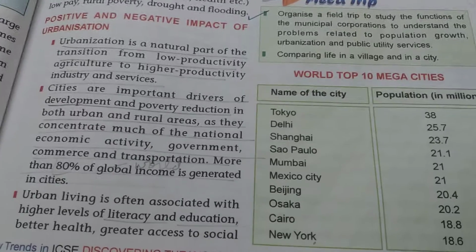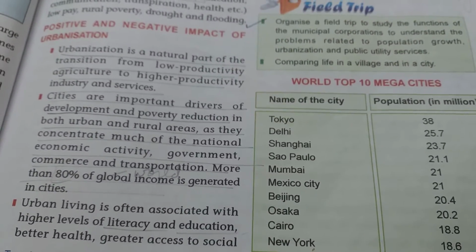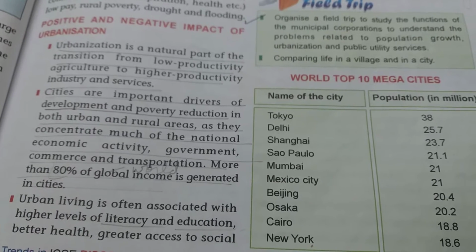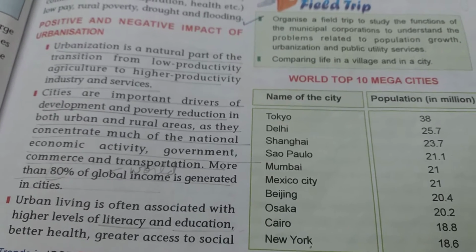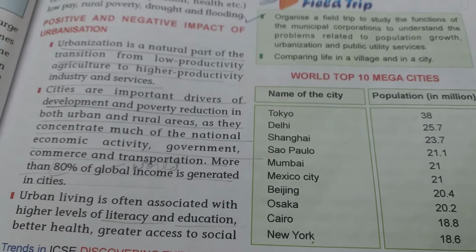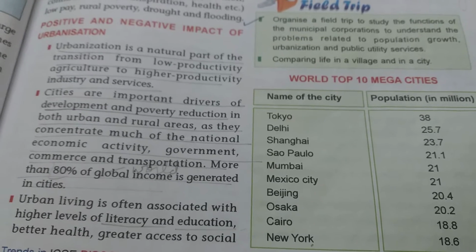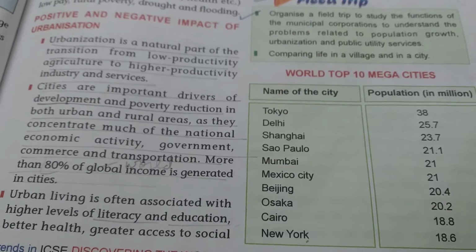More than 80% of global income is generated in cities. So we see that the income of the whole world is derived from the city side. That is the 80 percentage. Only 20 is on the rural level, but 80 percentage is from the urban areas, that is the city areas.